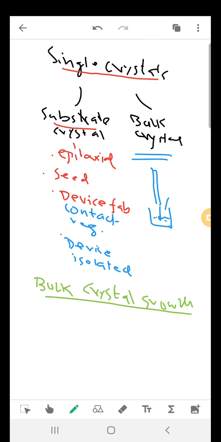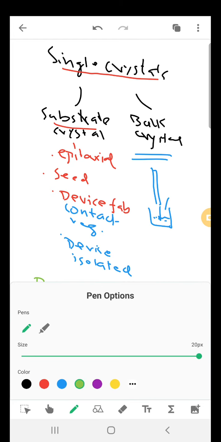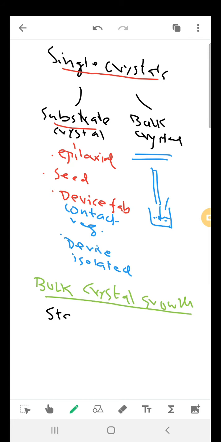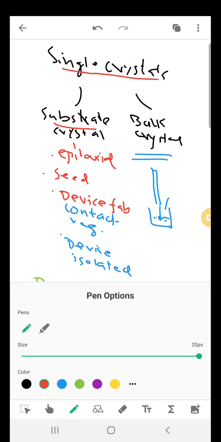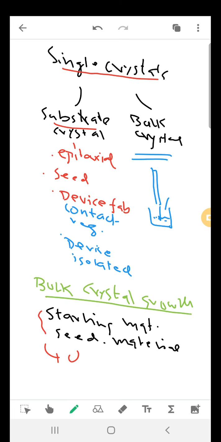In the first, the starting material and the seed crystal are placed in a quartz tube, which is again placed in a furnace.